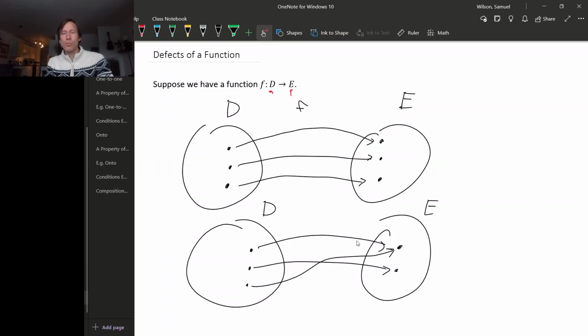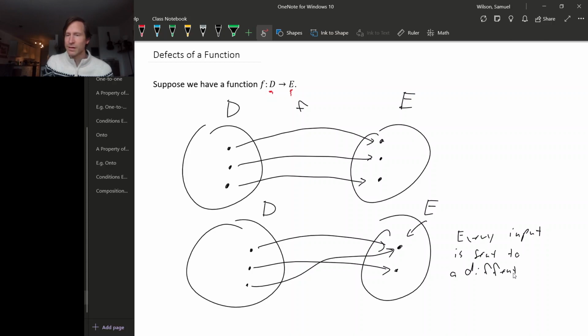So one thing that we might want to do, one thing we will do, is investigate what is special about the situation where this doesn't happen. Well, if this doesn't happen, that would mean that every input is sent to a different output, and so we'll give this property a name so that we can study what it means.